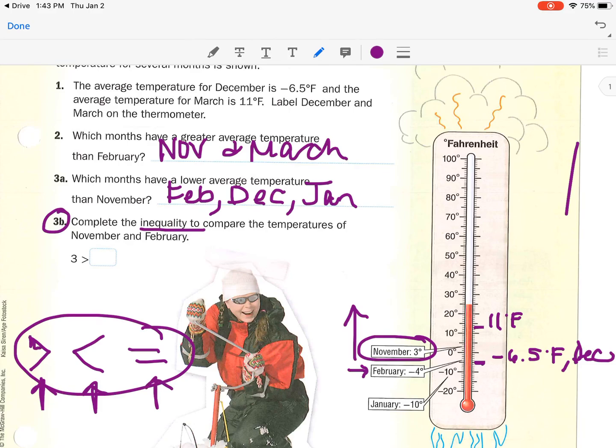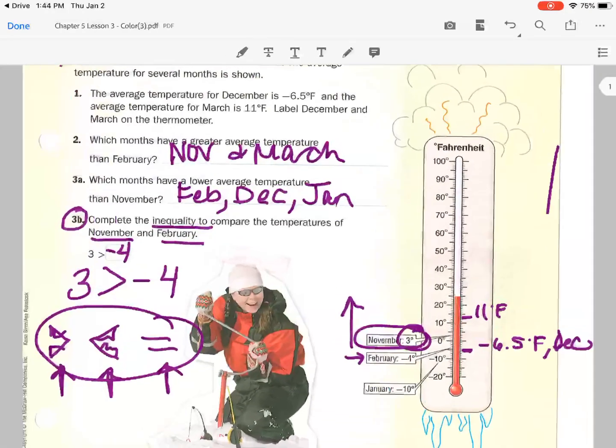Remember, the alligator always eats the bigger number, okay? So if we're taking a look at November, which they said was 3 degrees, and then we need to look at February, which is negative 4 degrees, we can see that 3 is greater than negative 4, which is true.